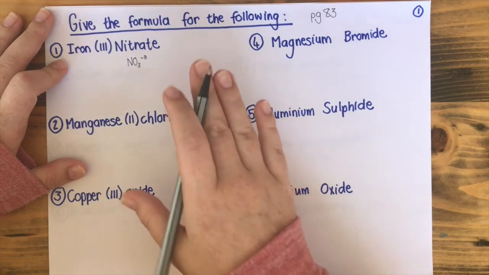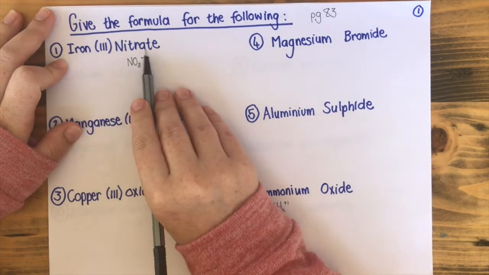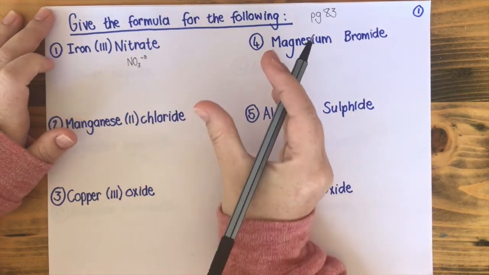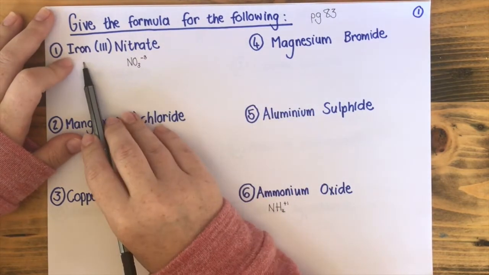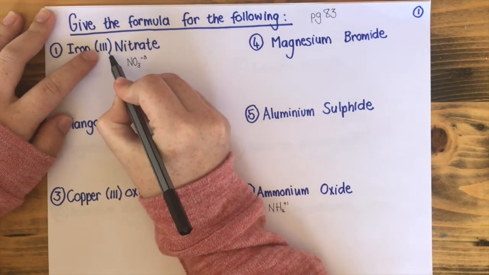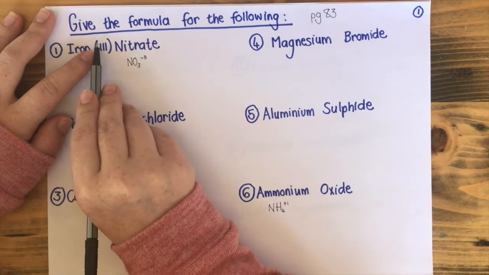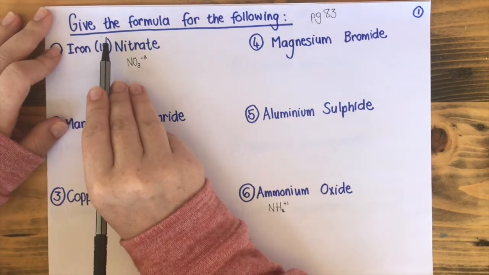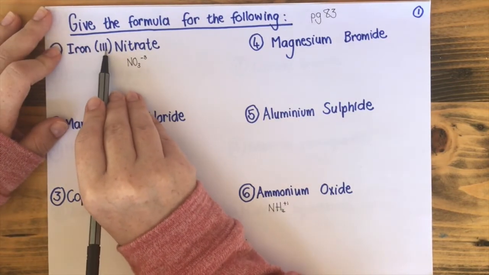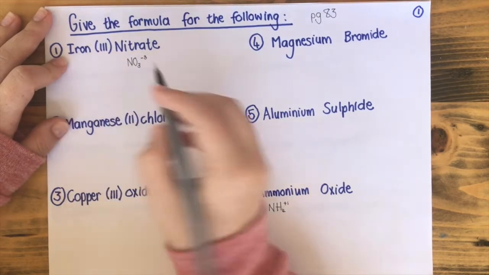So starting off, anything that's on its own and is not in an ionic cluster or form, that would be straight from the periodic table. If it has brackets with a number, remember those are Roman numerals, then that would be telling you what group this ion is behaving like.